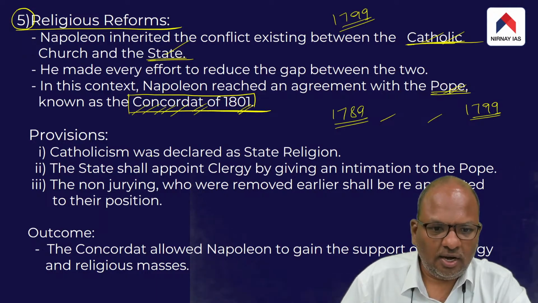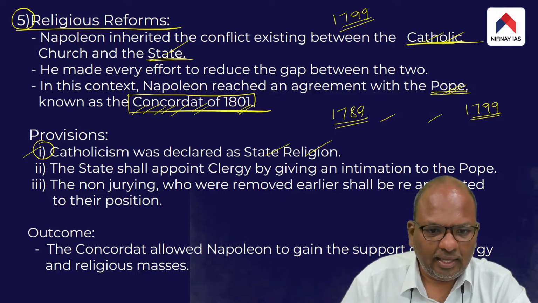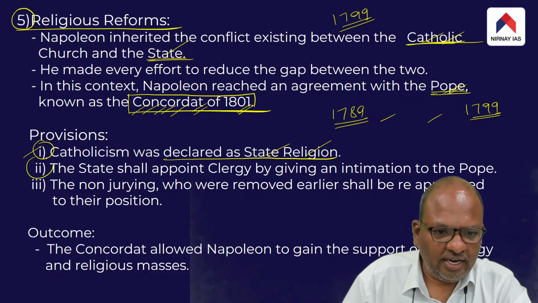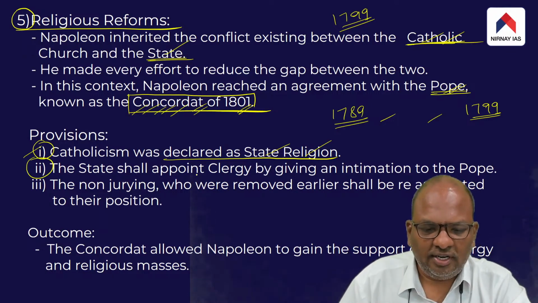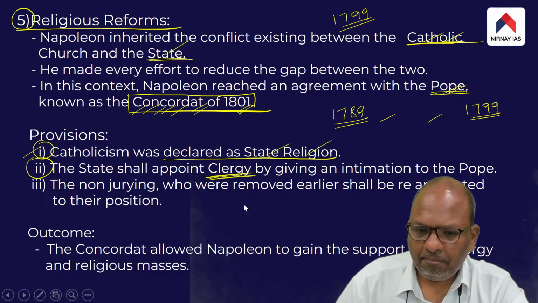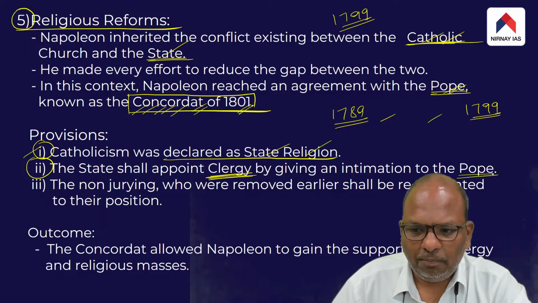Under this Concordat, provision 1 says Catholicism shall be declared as a state religion. Basically, Catholicism was declared as a state religion. And second, it was agreed between both sides that the state shall appoint clergy, that is, the people associated with the church, by giving an intimation to the Pope.